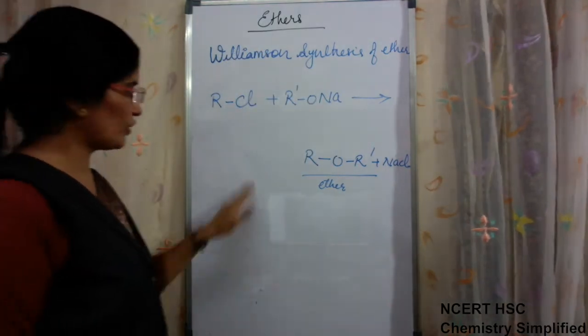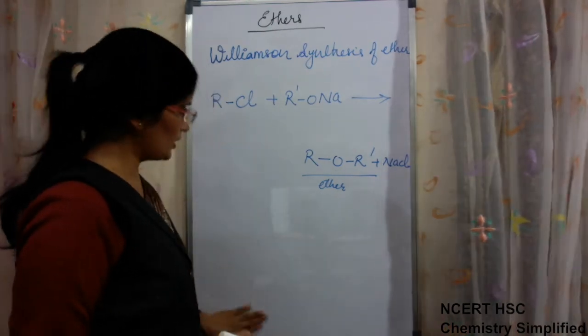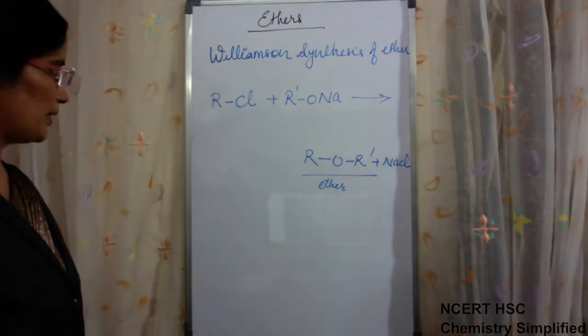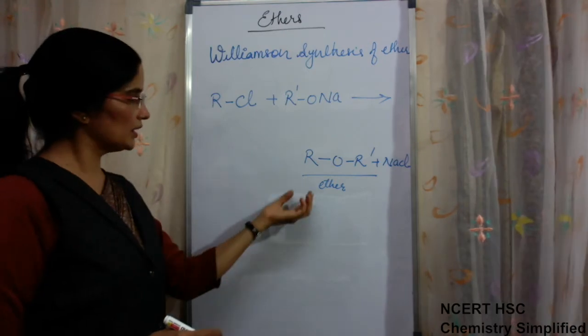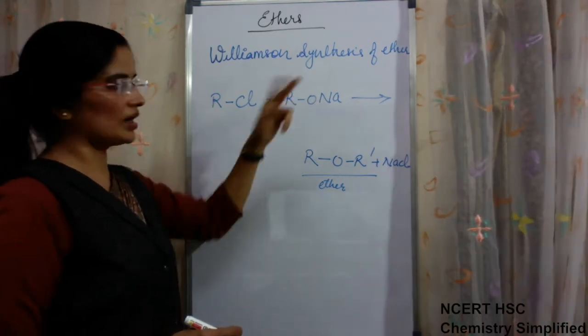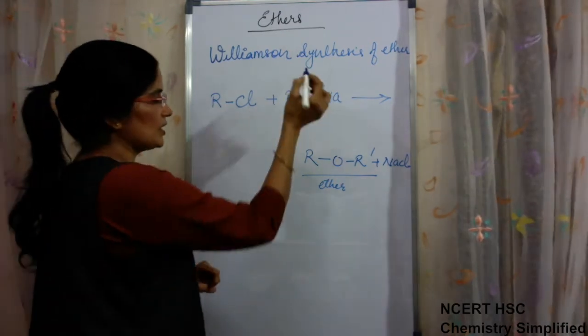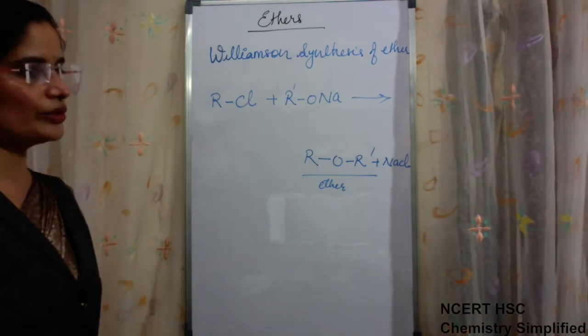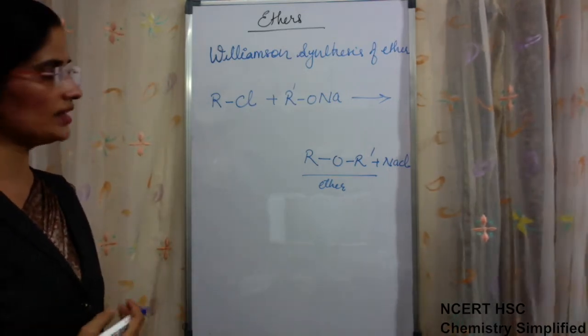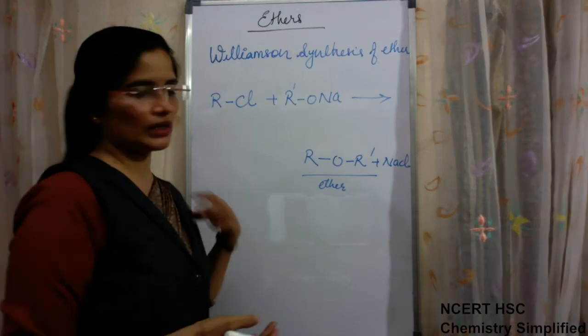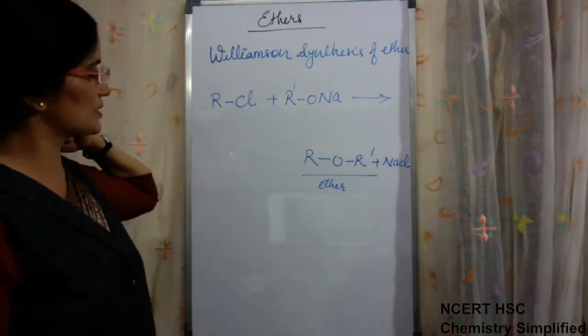So this is one of the methods by which ethers can be prepared. In this method, maybe these R are same, maybe these R's are different. So it can be used for preparing symmetrical as well as unsymmetrical ethers.